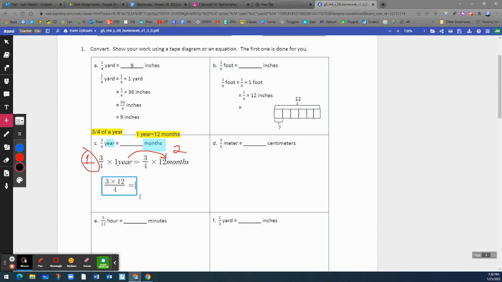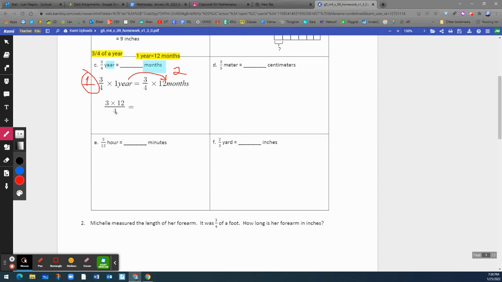Before we move on, I want you to pay attention. Let's make this simpler. The 4 can be divided by 2, or can also be divided by 4. So I'm going to dare to say that 4 can be divided by 4. I'm going to look up at the numerators, and I know that the 3 cannot be divided by 4, but I know that 12 can be divided by 4.